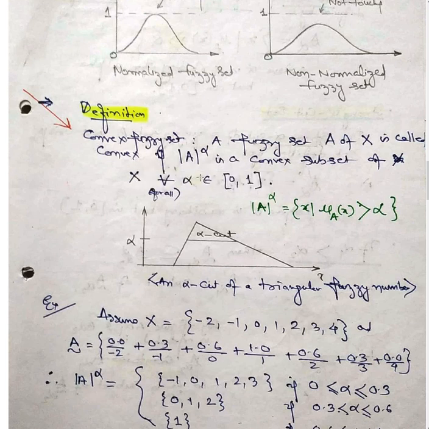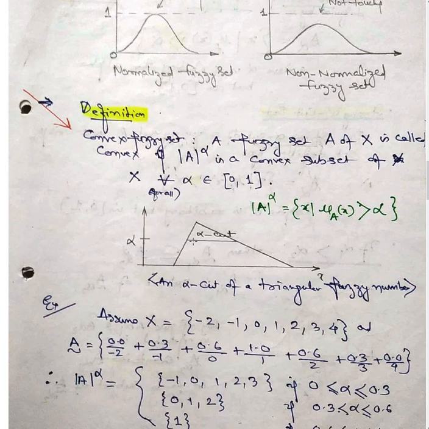Here this is known as an alpha cut, where it is treated as a fuzzy set A of a universe of discourse X, for all alpha where the value of alpha ranges between 0 and 1.